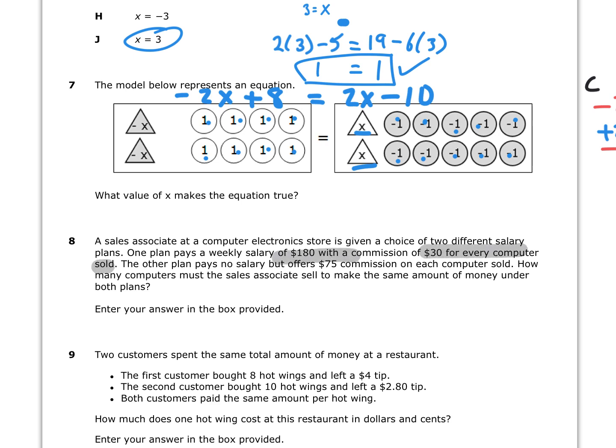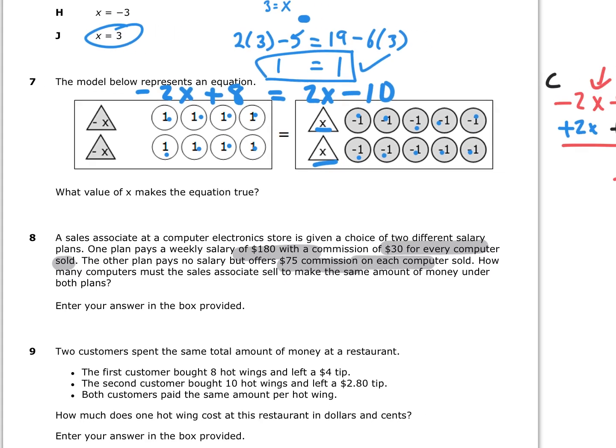Plan B offers no salary but $75 commission on each computer sold. So if I'm a sales associate, I've got to figure out when the values for these plans make the same amount of money. But like I was mentioning many times, we really want to care about when I make more for which one. So let's write that down.